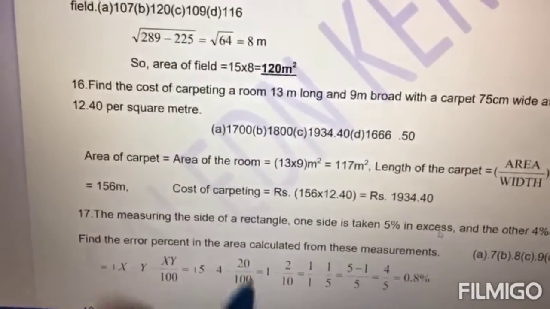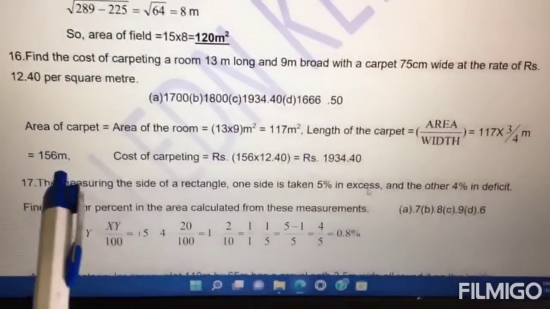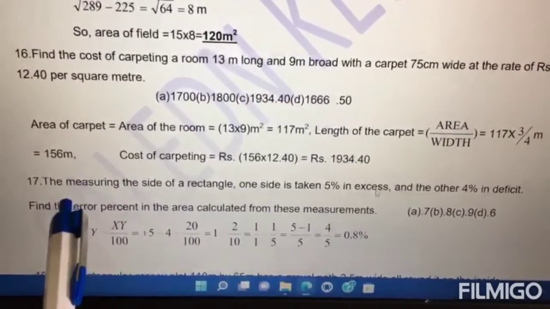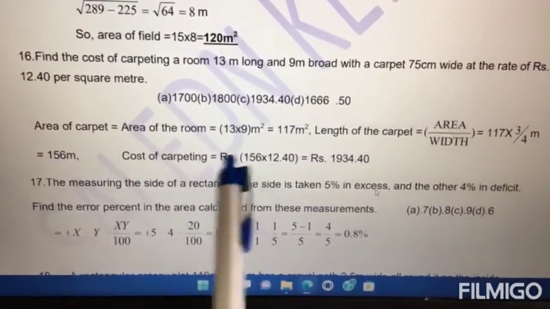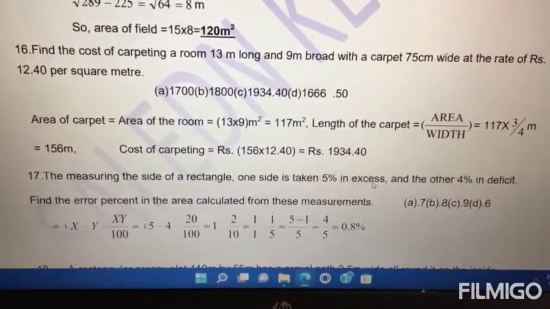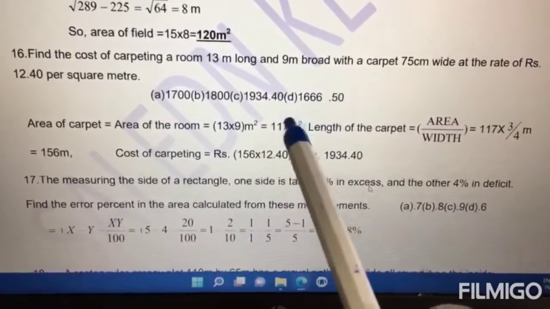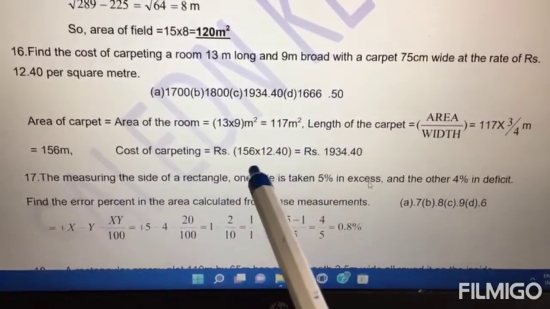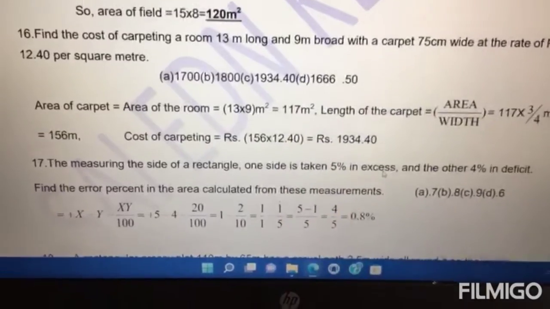This is not 156. This will be somewhere around 80 something meters. So this answer is wrong. It should be 117 into 12.4.